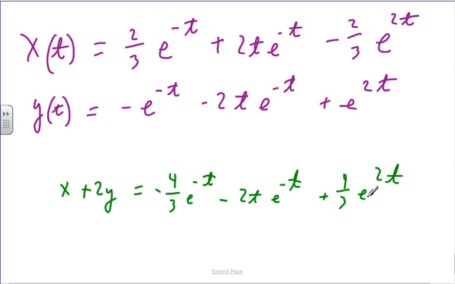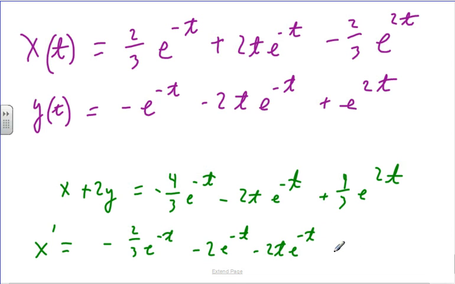And that is supposed to equal x prime. And x prime is minus 2/3 e to the minus t minus 2 e to the minus t minus 2t e to the minus t plus 8/3 e to the 2t.